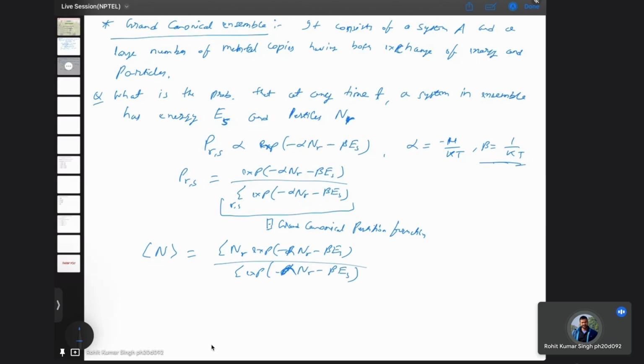You can check that these two quantities are the same, right?